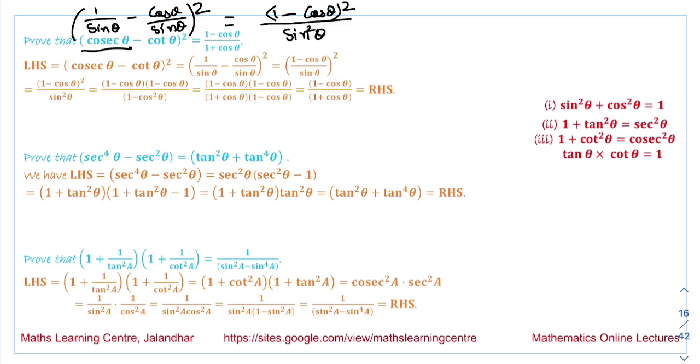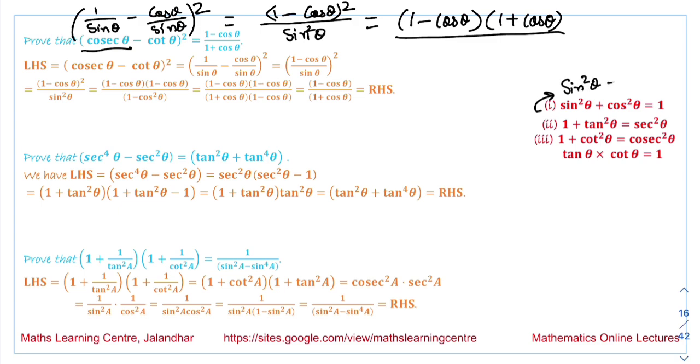So it is 1 minus cos theta square over sin square theta, and this comes out to be 1 minus cos theta into 1 plus cos theta over. The identity we have is sin square theta plus cos square theta equal to 1. So we can write sin square theta is equal to 1 minus cos square theta.